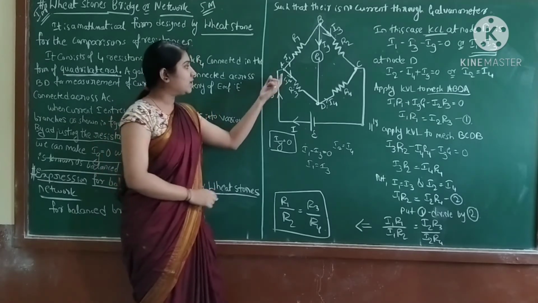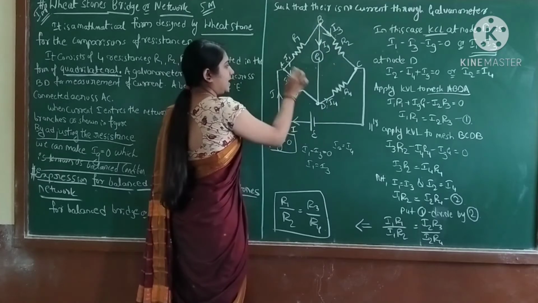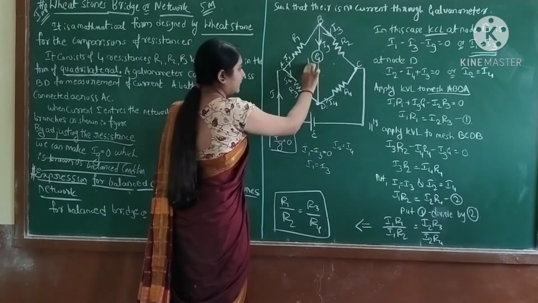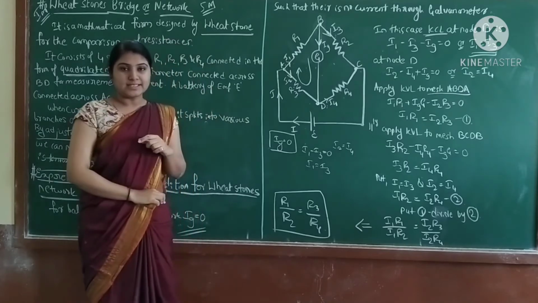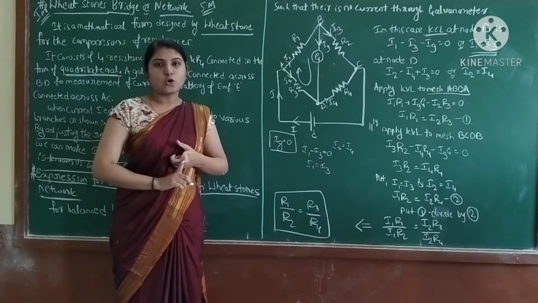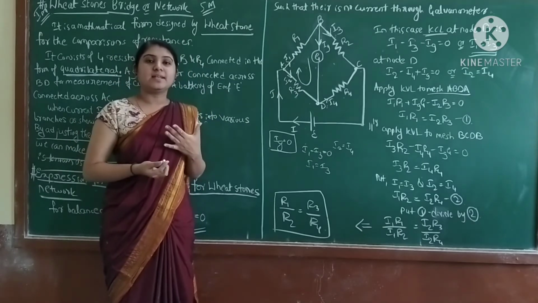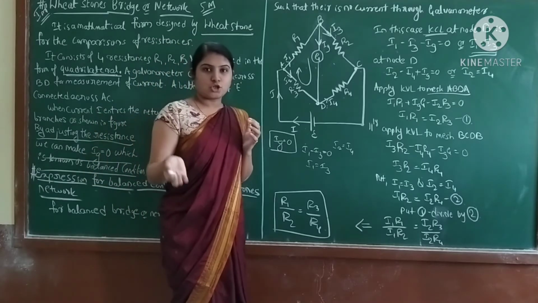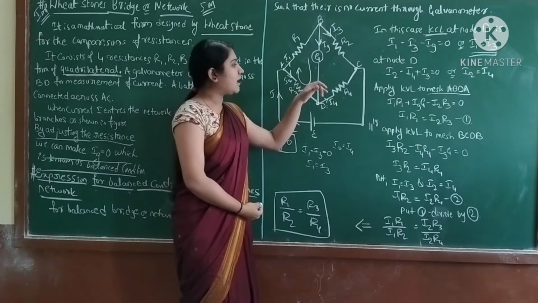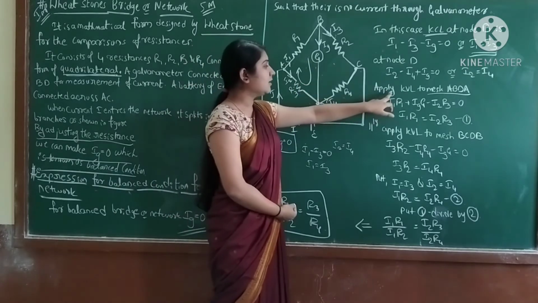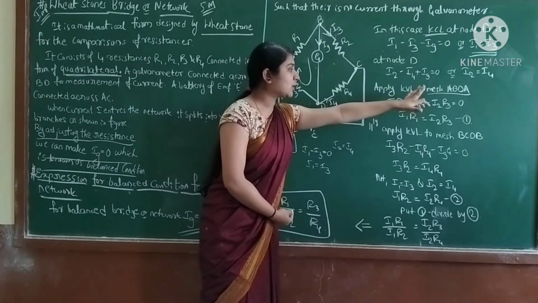First one is ABDA. You apply it in the clockwise direction. In the previous case I told you, while explaining Kirchhoff's voltage law, that we consider the clockwise direction. So now first, applying KVL to the mesh ABDA.